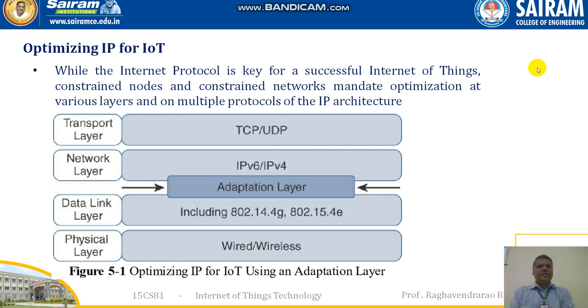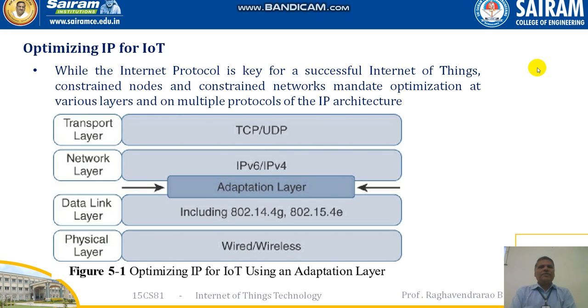From the physical layer, it is basically a wired or wireless type of network, and in the data link layer we can use some protocols like 802.15.4G and 4E. In detail, we will study these in the next slides.